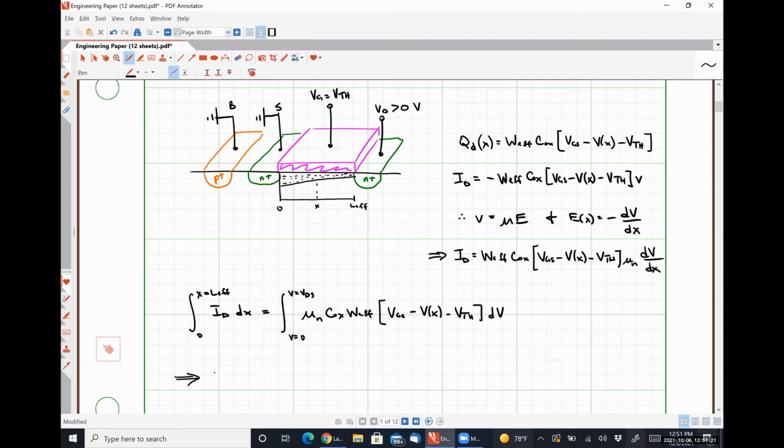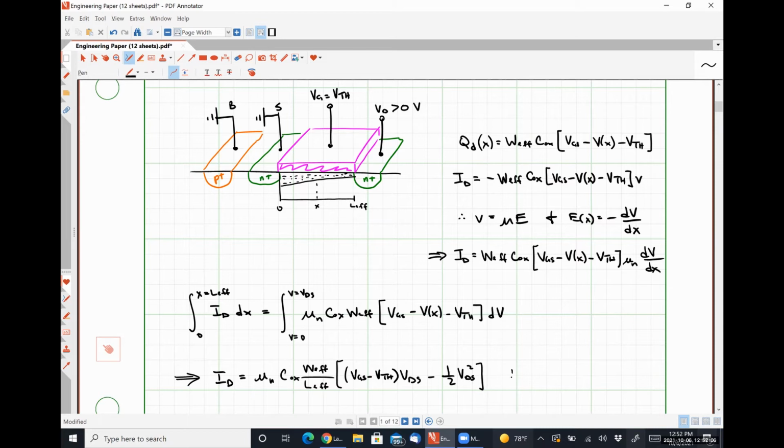So what this is going to give me mathematically is ID is equal to mu n Cox W effective over L effective times VGS minus VTH times VDS minus 1/2 VDS squared.